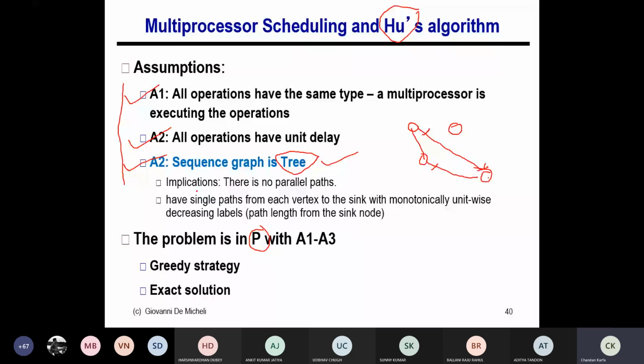So we take Hu's algorithm and come up with a heuristic. That is why this particular algorithm is very important to understand, because the heuristic solution is based on this idea. Okay, so let us go into that.